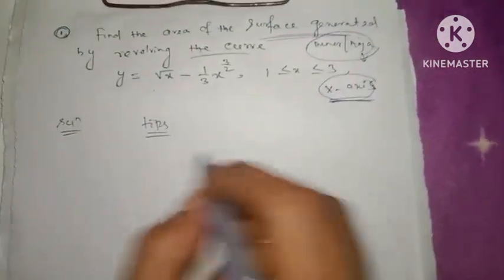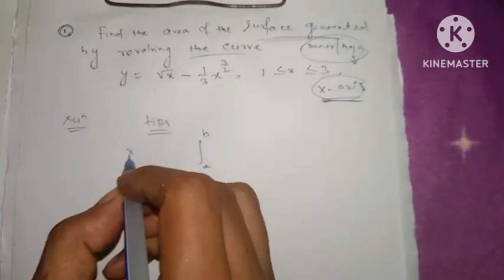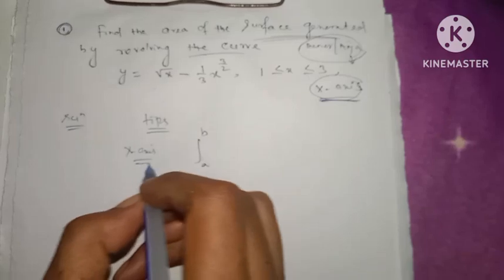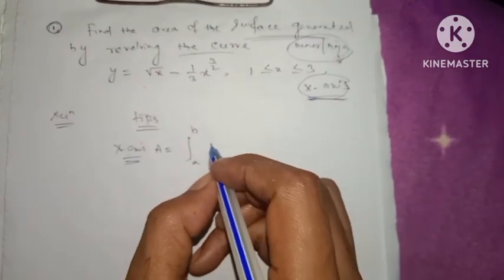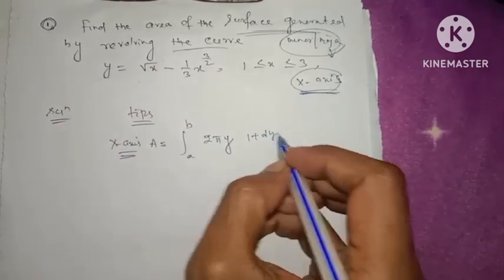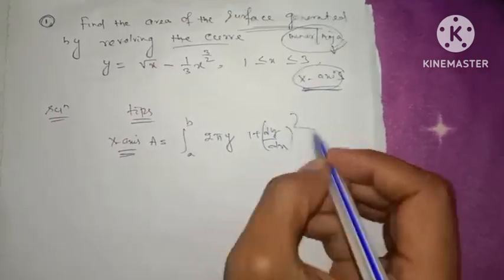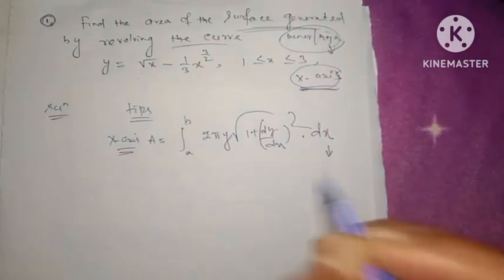The formula for the x-axis is the integration from a to b of 2 pi y times the square root of 1 plus (dy over dx) squared, with respect to dx, because this is the x-axis.